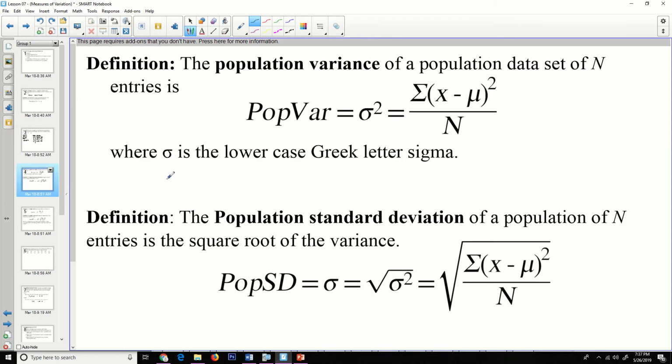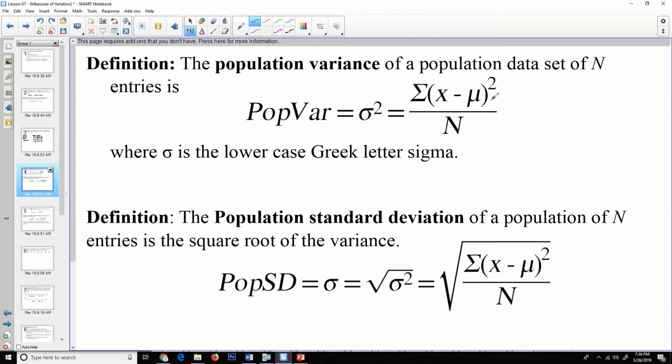So moving on, the definition of population variance: the population variance of a population data set of n entries is, and this symbol here is the lowercase Greek letter sigma, and if you remember, this symbol right here is the uppercase sigma. And so right here is the variance.